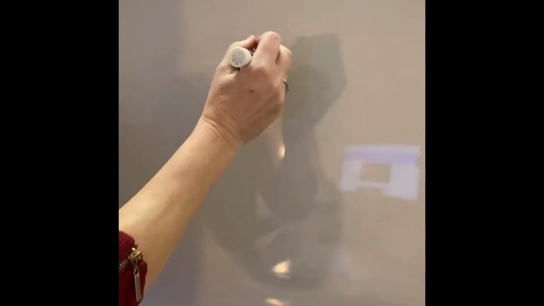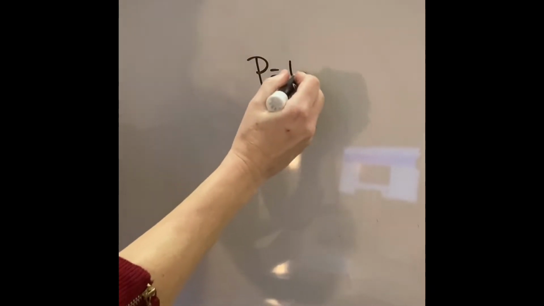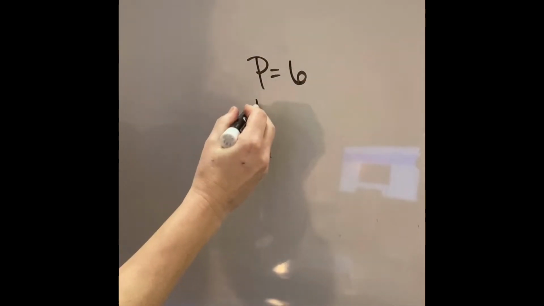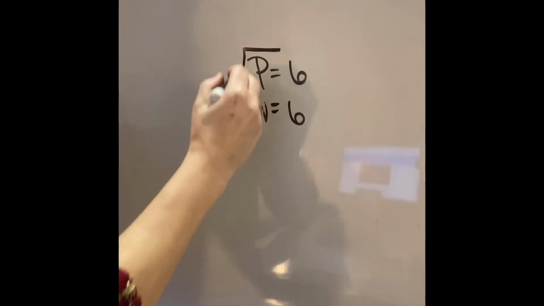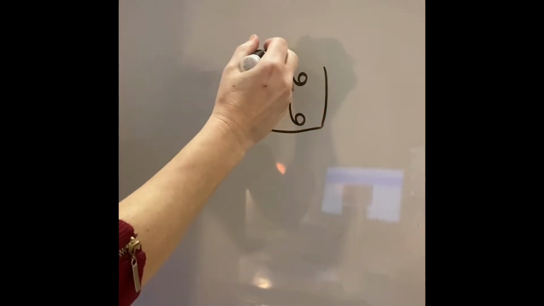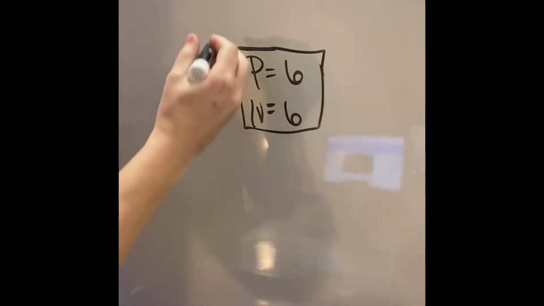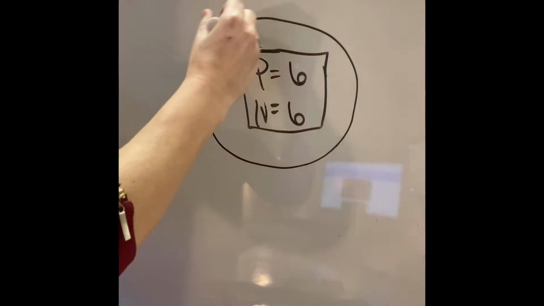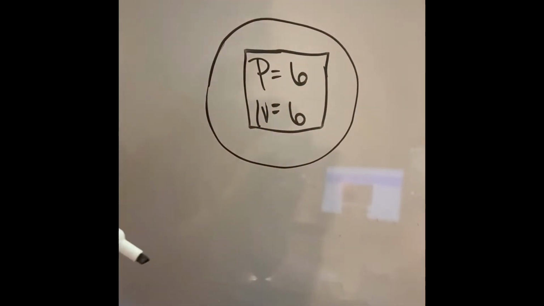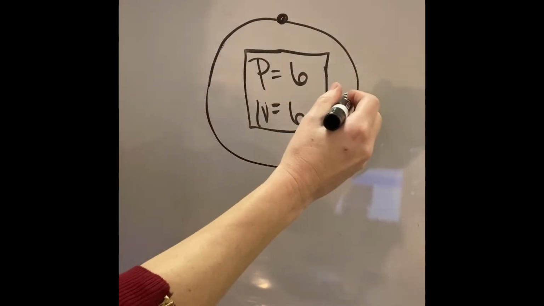All right, if we were to write this on our board, to draw this, we would say carbon has 6 protons. It also has 6 neutrons. So we're going to put this in a box because it's in the nucleus. And then if we're going to do the electrons, we're also going to do them in shells. Now remember, the electron shells or energy levels: the first shell can hold 2, so we're going to put 1, 2.